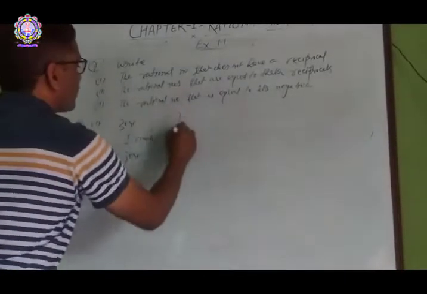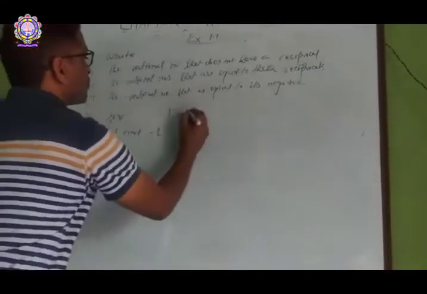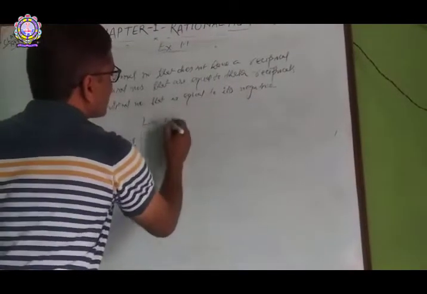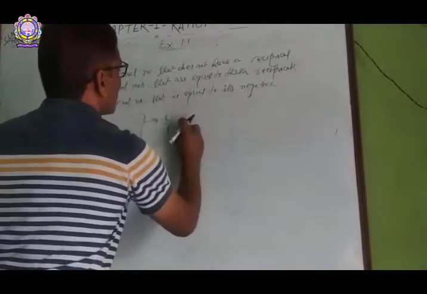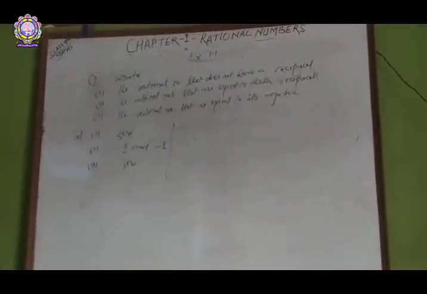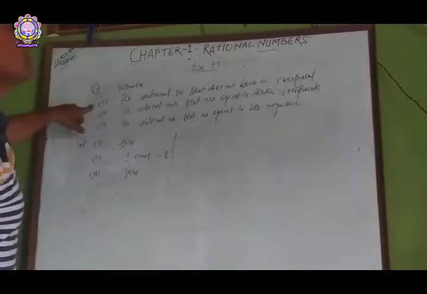You can verify these three answers by taking an example. Part first is the rational number that does not have a reciprocal.